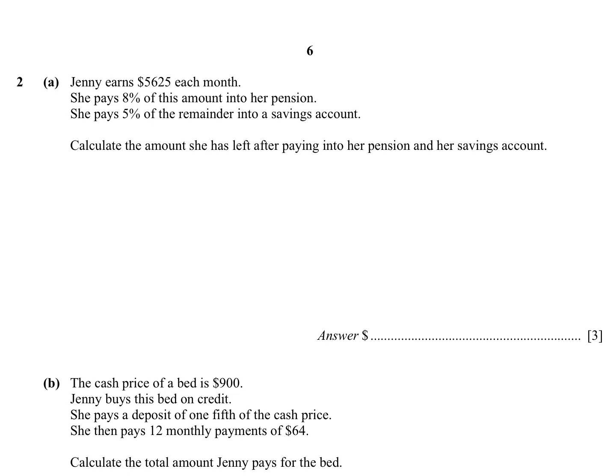Oh. Okay, anyway, Jenny earns $5,625 each month. She pays 8% of this amount into her pension. So 8% goes into the pension, 92% left. Right, 92% left. So this is the remaining.